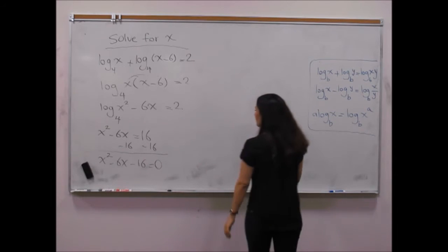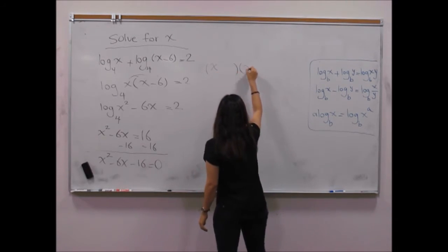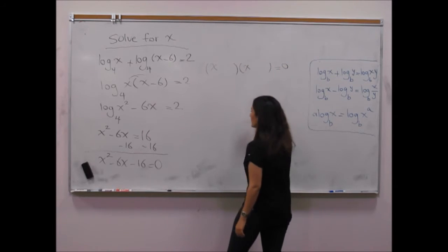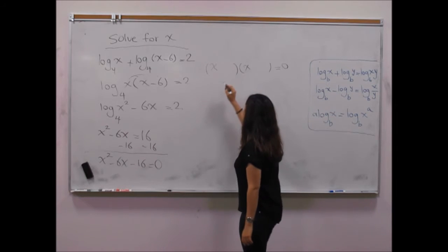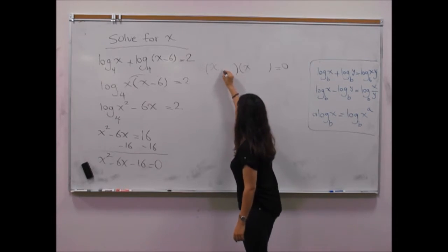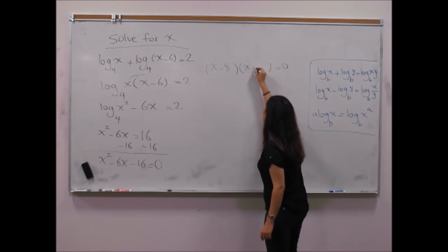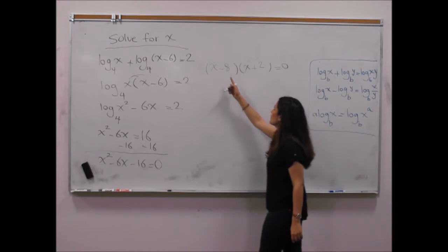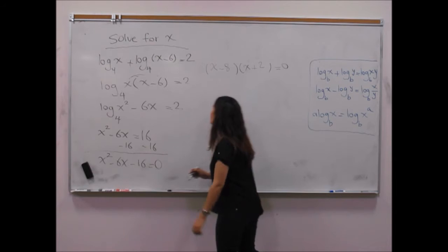Let's factor it out. I have negative 16 and negative 6. This looks like 8 and 2. So minus 8, because this one is negative, and then plus 2 here. Negative 8 times 2 gives me negative 16, and if I add them, I get negative 6.